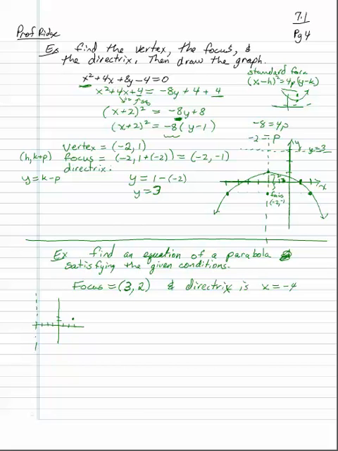Okay, so what we know is that the vertex is going to be halfway between the directrix and the focus. We can figure out this point here: (-4, 2), and find the midpoint between these two points. That would be the vertex.